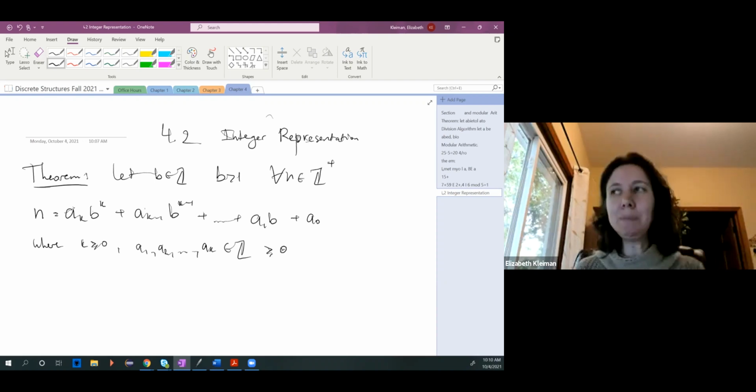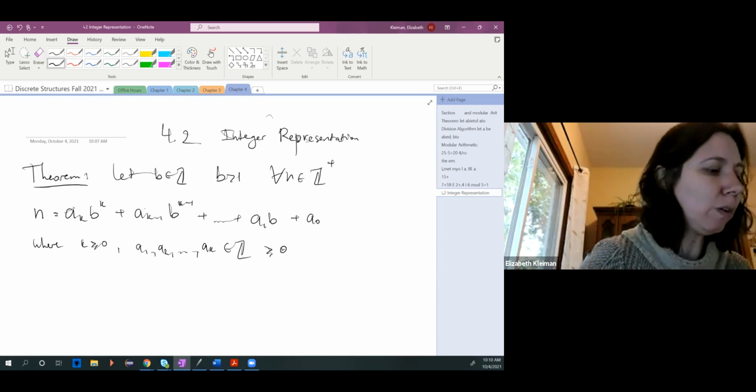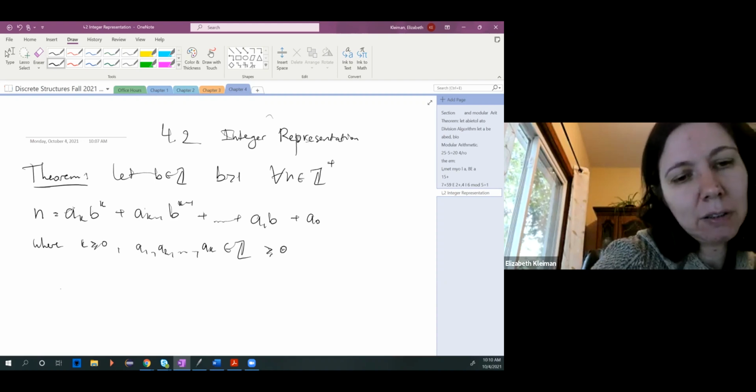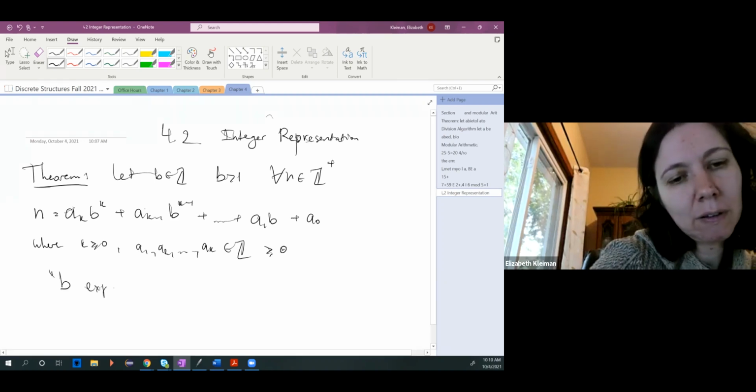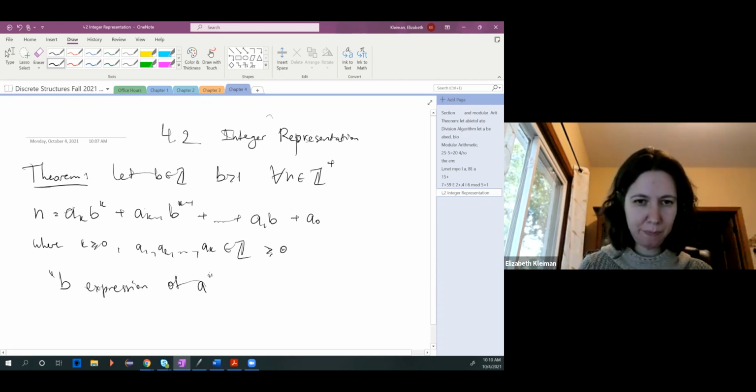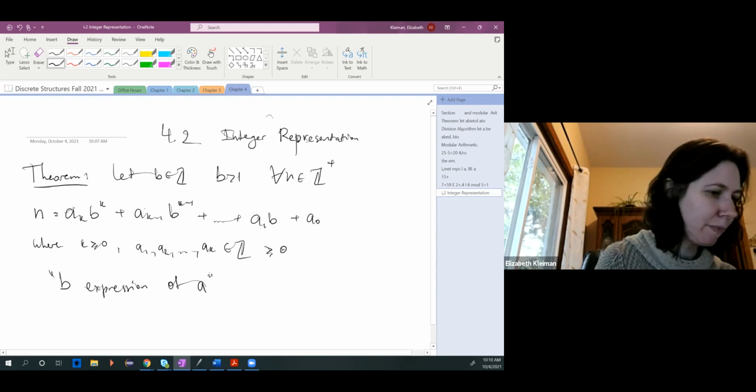This representation is called the b expansion of n.